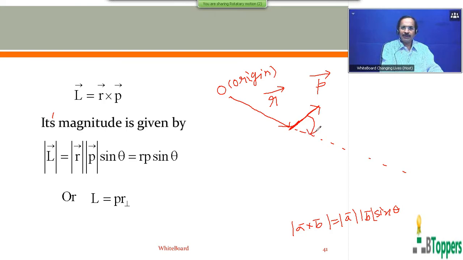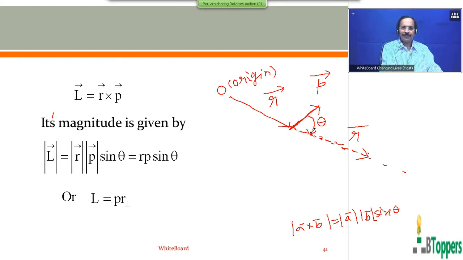To know the angle between two vectors by the graphical method, the two vectors can be drawn from the same point such that the tail of one vector is attached to the tail of the other vector. So you can attach the tail of R bar with the tail of P bar like this.